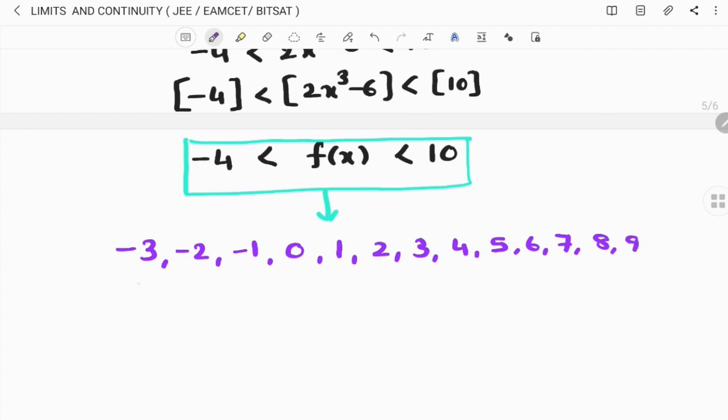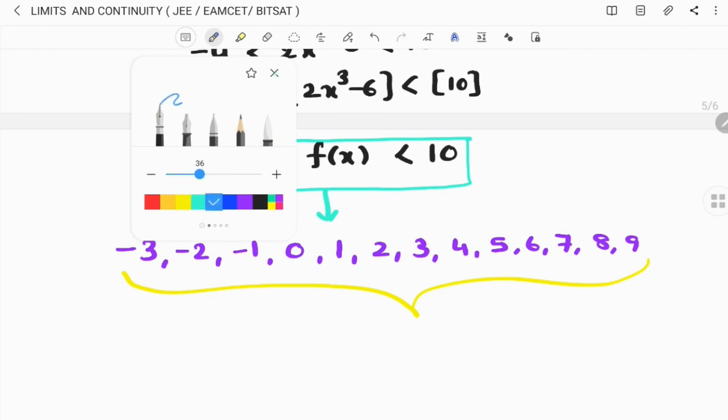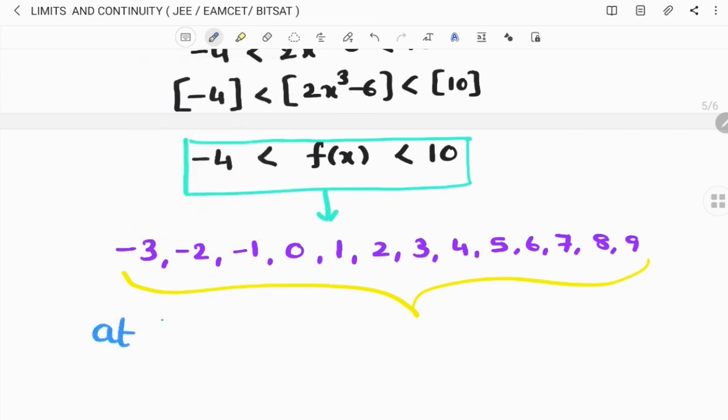At these points, the given function f of x, step of 2x cube minus 6, is discontinuous. At these points you have to write it as the conclusion step: at these 13 points, clearly, how many we can count: 1, 2, 3, 4, 5, 6, 7, 8, 9, 10, 11, 12, 13.